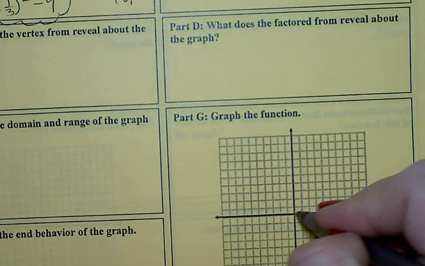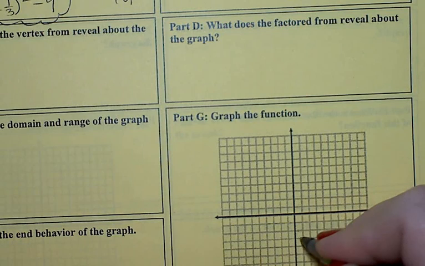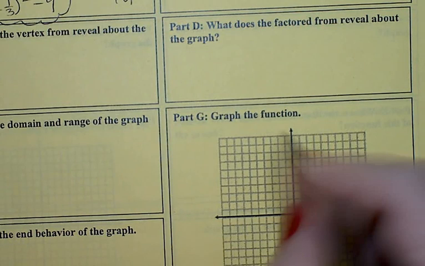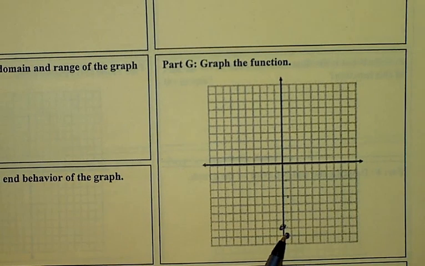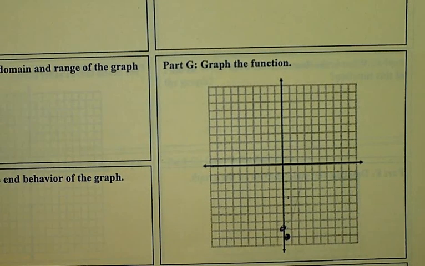Let's go over to 1/3, just approximation, and down 9. Here's my y-intercept down here, and here's my vertex. I know that this parabola is opening upward because the leading coefficient is positive.